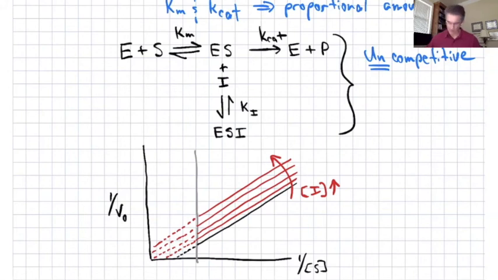And the reason they're parallel is because, like I said before, what's essentially happening with an uncompetitive inhibitor is that the ratio of Km to Vmax pretty much stays the same, right? So the inhibitor, because of this specific targeting of the Michaelis complex itself to form this ternary complex, has this particular impact of changing Km and Vmax both, but in a constant way, right? And that leads to this family of parallel lines.